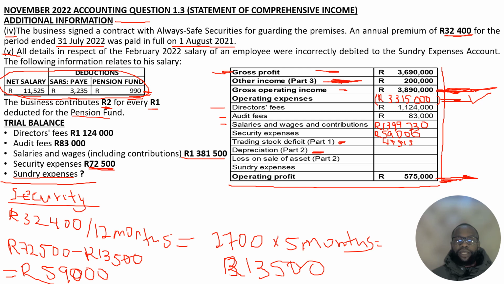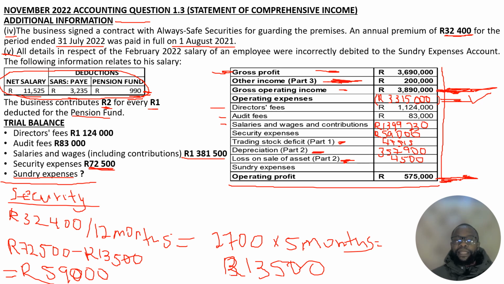You need to go there and see how we calculated our depreciation, and it was 357,900. As well as loss on sale of a vehicle, which we calculated in part 2, and it was 4,500.